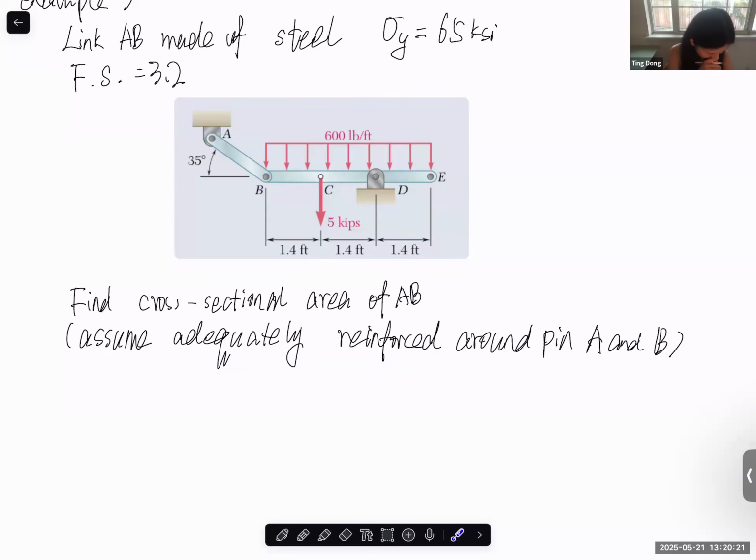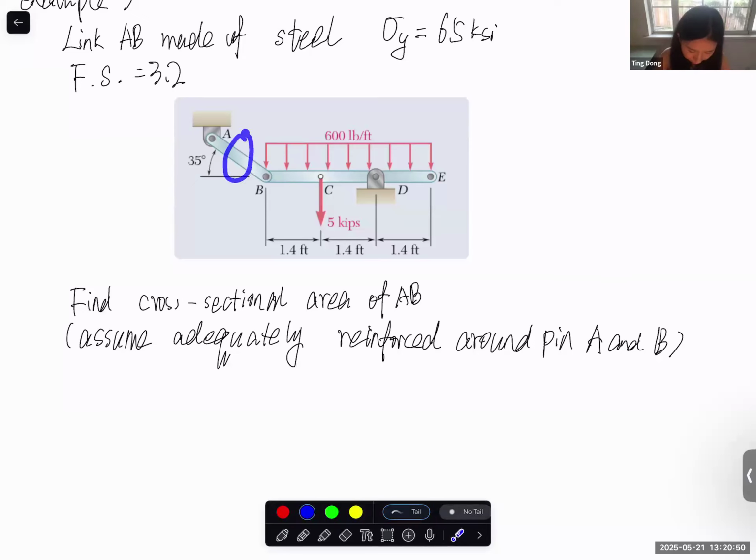So how to calculate the cross-section area of AB? Anyone? Finding stress and then using the formula to find the area.